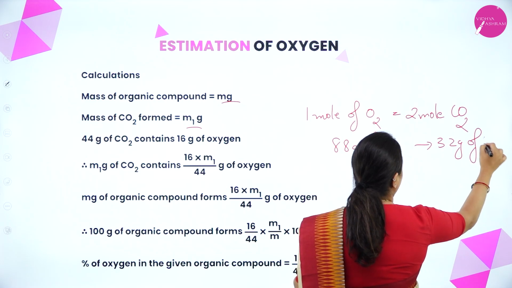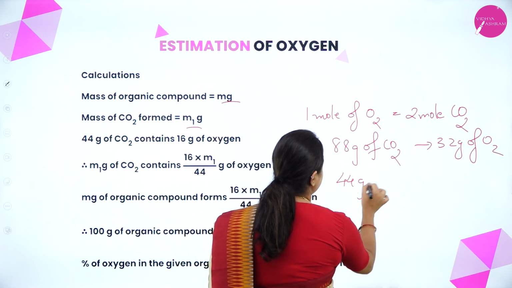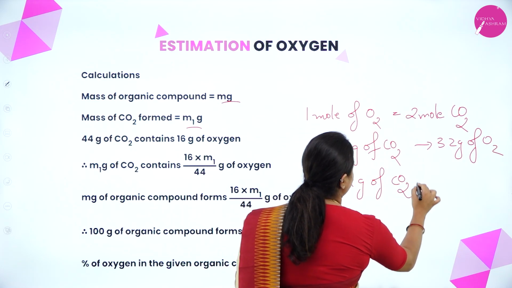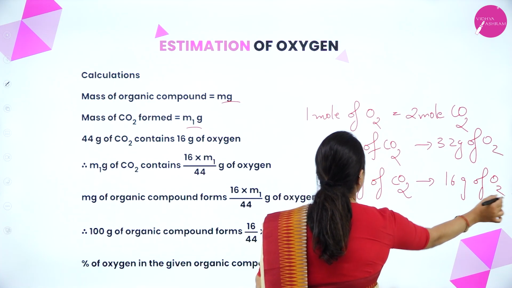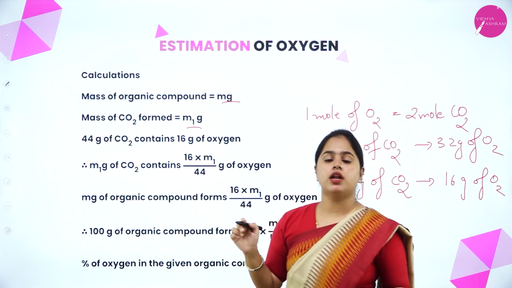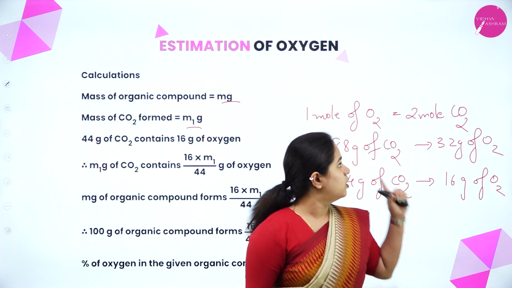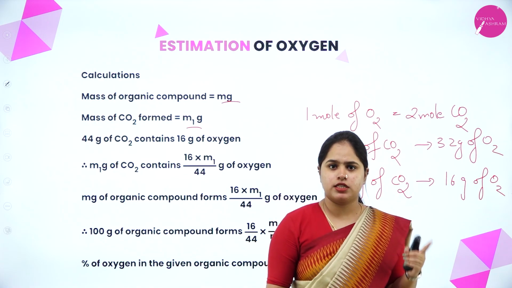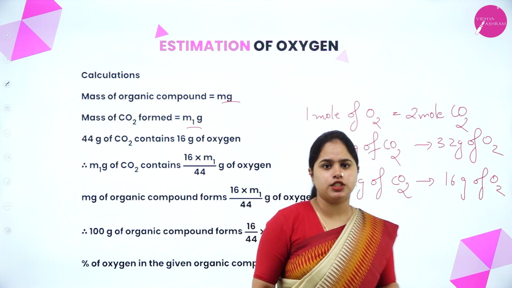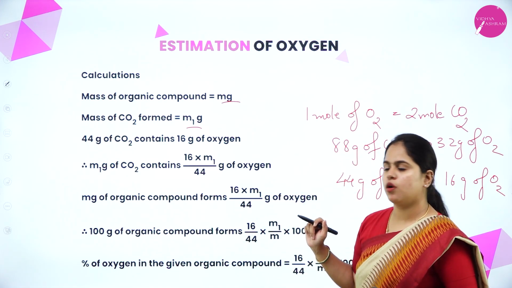Then how much will 44 gram of carbon dioxide contain? 44 gram of carbon dioxide will contain 16 gram of oxygen. So that is, 1 mole of oxygen which is liberated will give 2 moles of carbon dioxide.